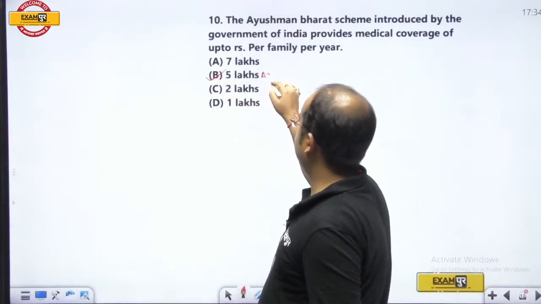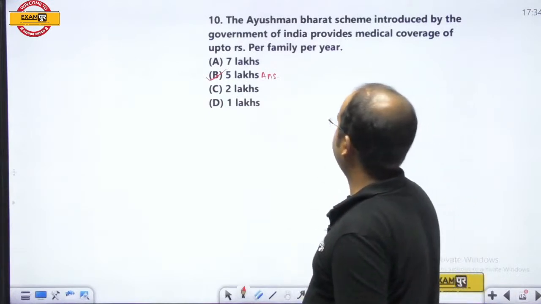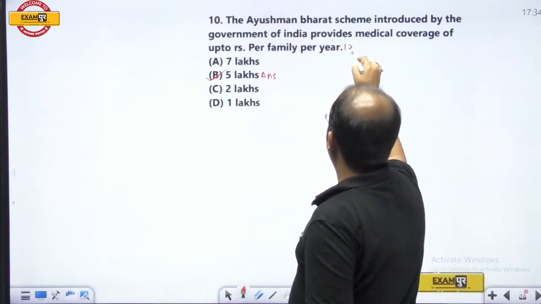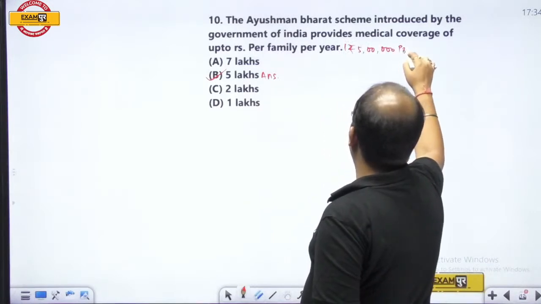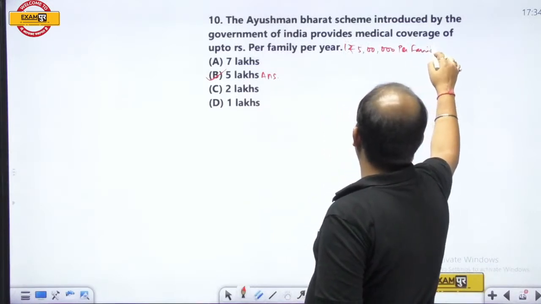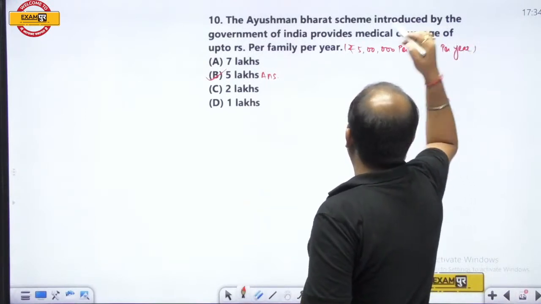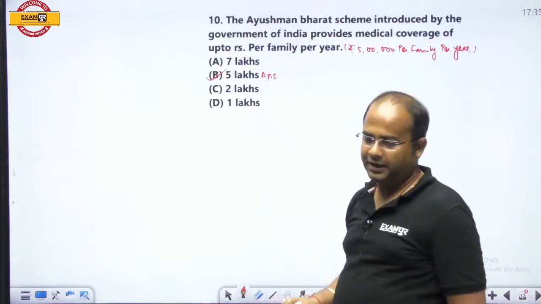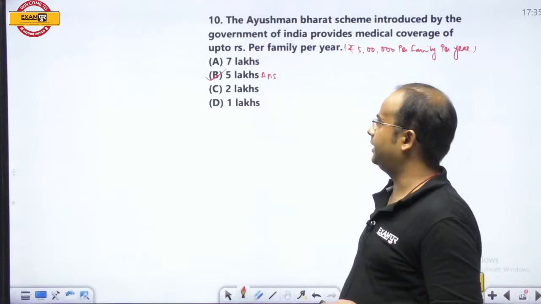That is the Ayushman Bharat scheme, 5 lakh rupees per family per year. So the correct answer will be, guys, option B, that is 5 lakh.